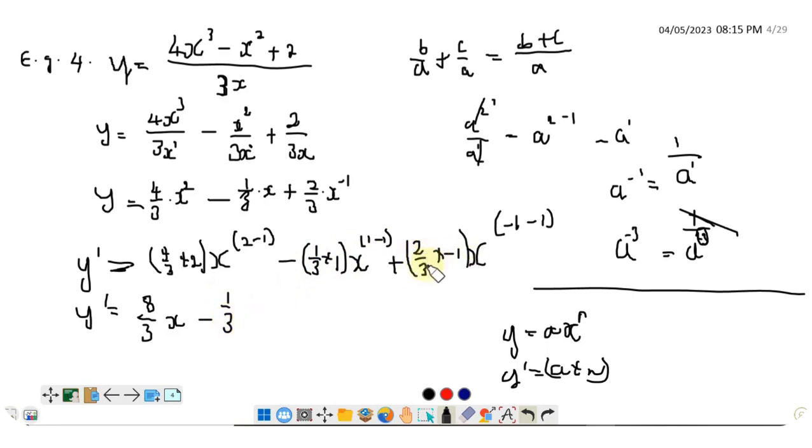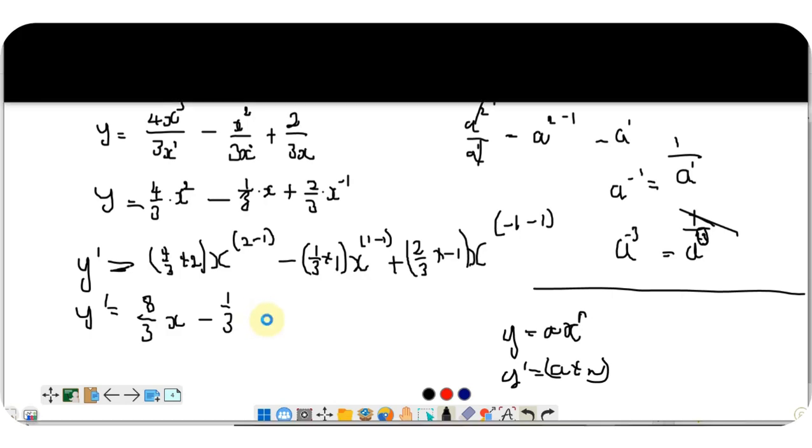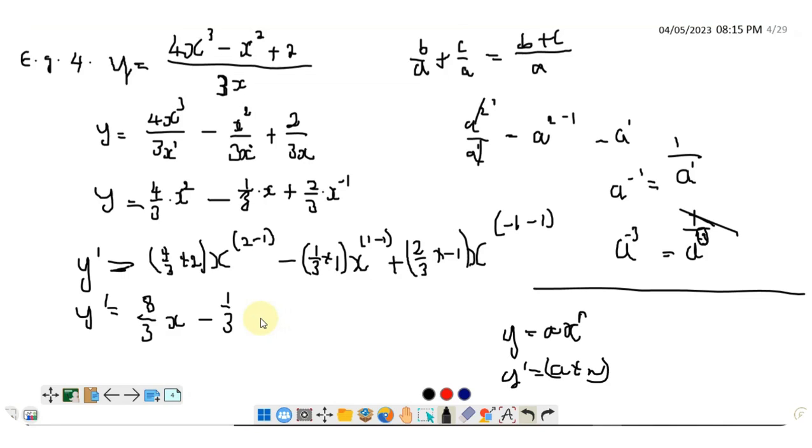And here I have 2 over 3 multiplied by -1. So it means we'll have -2 over 3. Plus -2 over 3, then x to the power -1 minus 1.